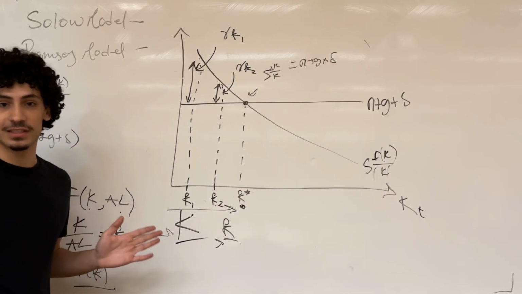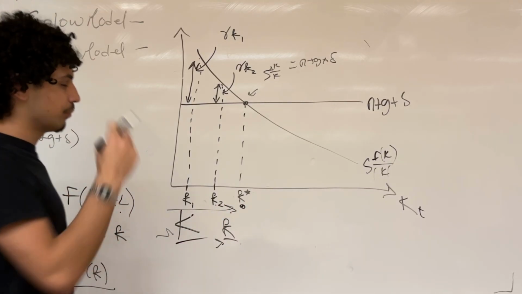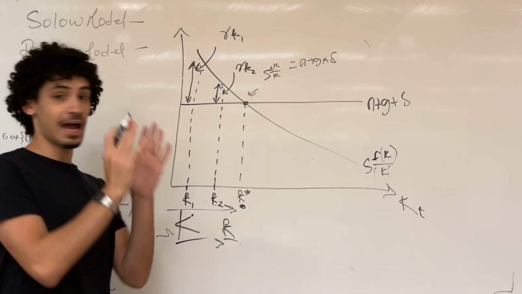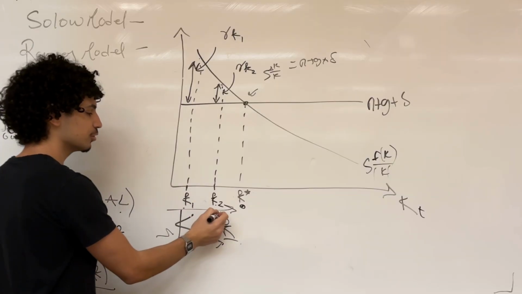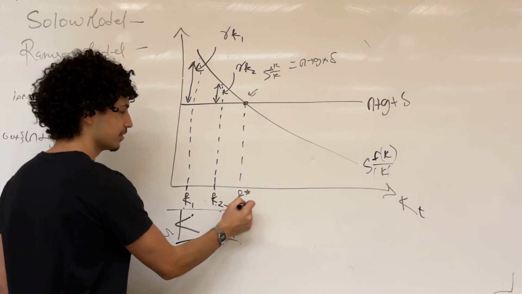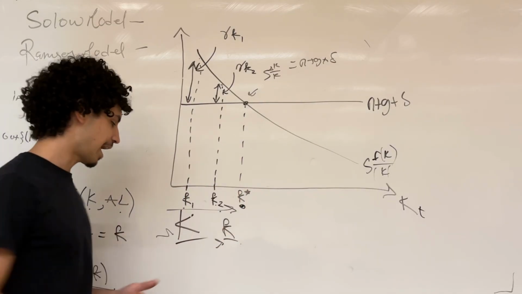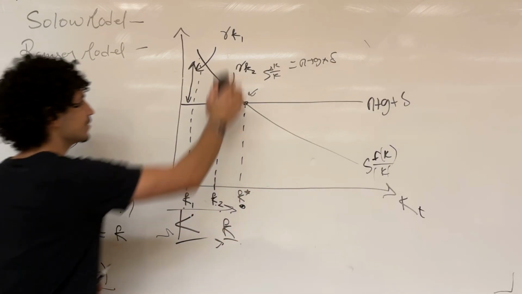That's what this graph is telling us, at least. That's first what we call absolute convergence. That's absolutely country 1 and country 2 will converge at this point, where they will both reach the same steady state and happy ever after. But that's not the case.